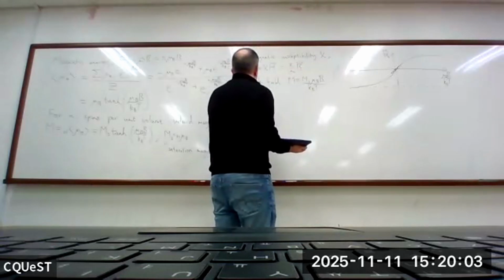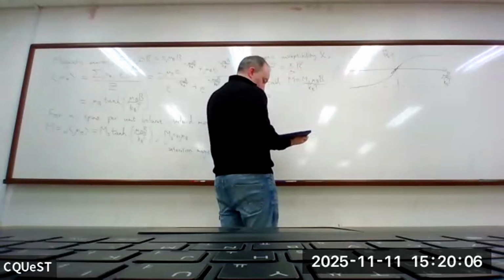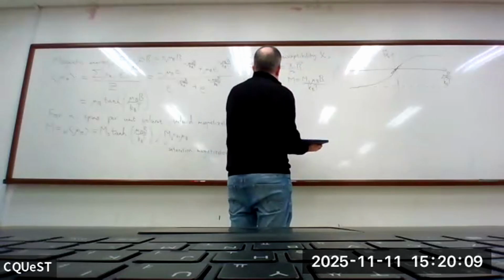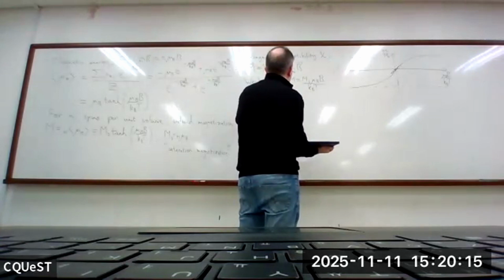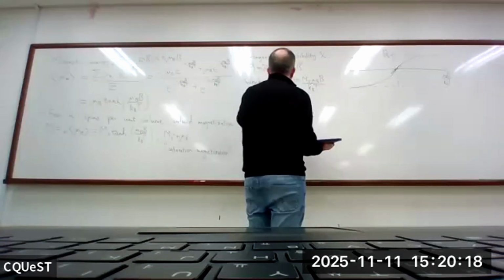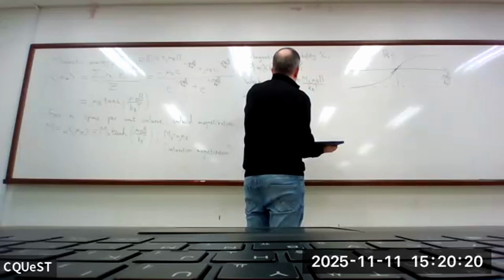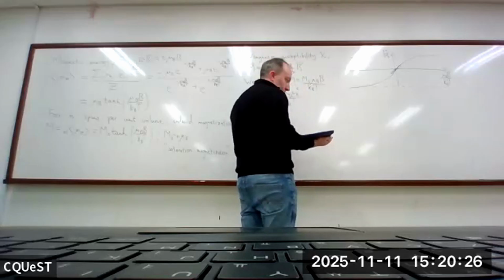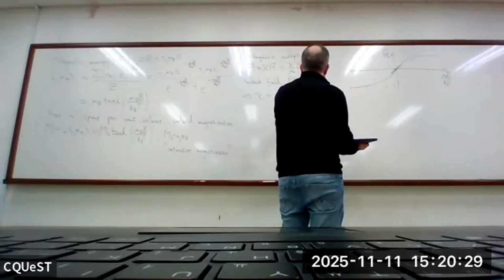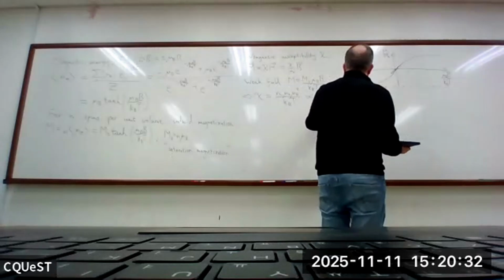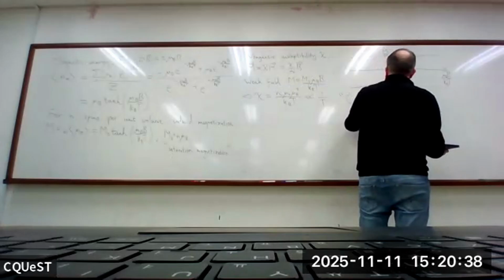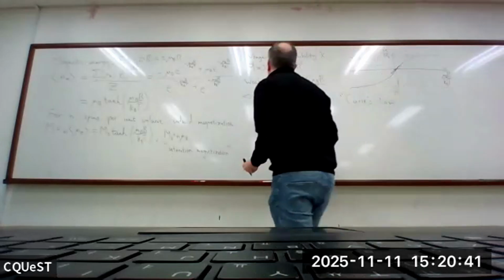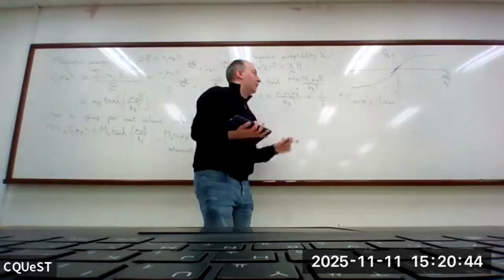Which means that the susceptibility, plugging in the definition of Ms and including this mu 0, is n mu 0 mu v squared over kBT. And in particular, it's proportional to 1 over T, and this is known as Curie's law, which is named after Pierre Curie, not Marie Curie.